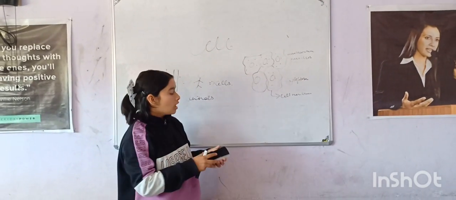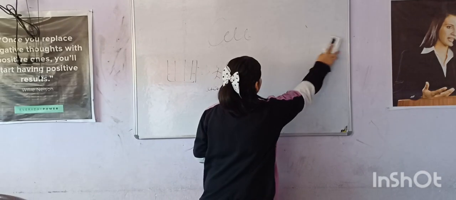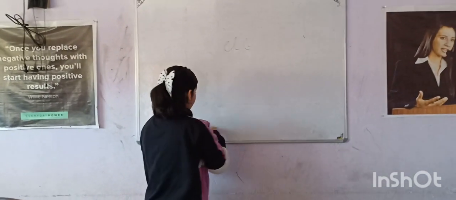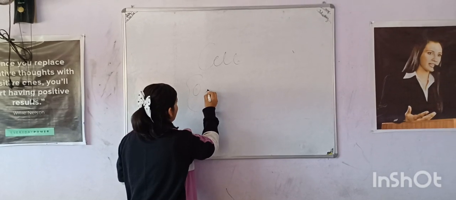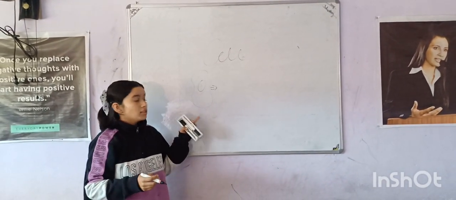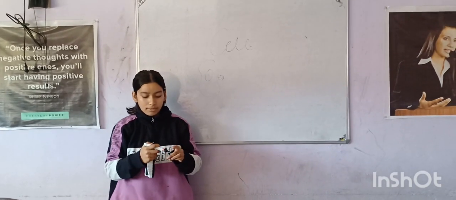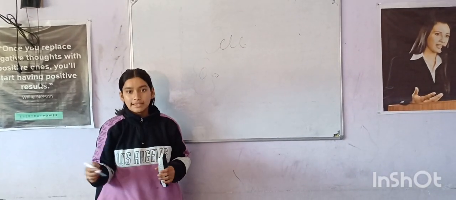Now let's move to the size of a cell. As we know, cells are very tiny, and the size of a cell can be as small as microns or micrometers, and as long as centimeters.